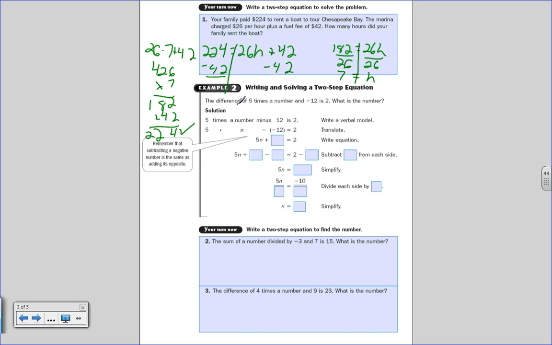Alright? Difference tells us we are going to subtract. 5 times a number obviously means we're going to multiply. Wherever you see the word a number, that's your variable. So I'll call that n. Now this is important.